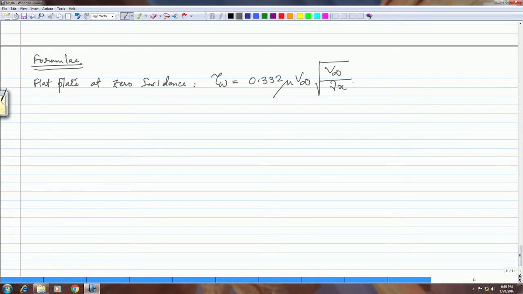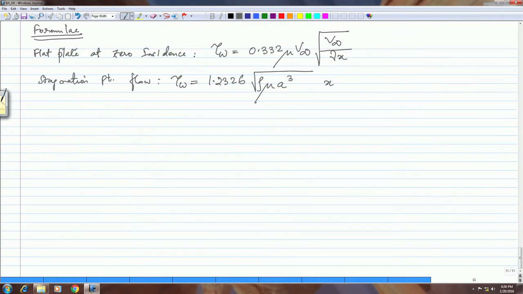So, wall shear stress is given by this formula, or for say a stagnation point flow, right. So, there my wall shear stress is given by this. Okay.